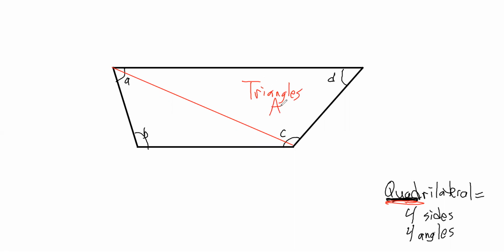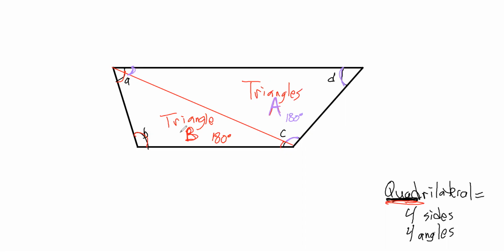Here's triangle A and here's triangle B. You already know that the interior angles of a triangle are always going to add up to 180 degrees. So here's one angle, here's a second angle, and here's the third angle, and this is still going to be 180 degrees because now we have a triangle. This is triangle A, and this is triangle B.